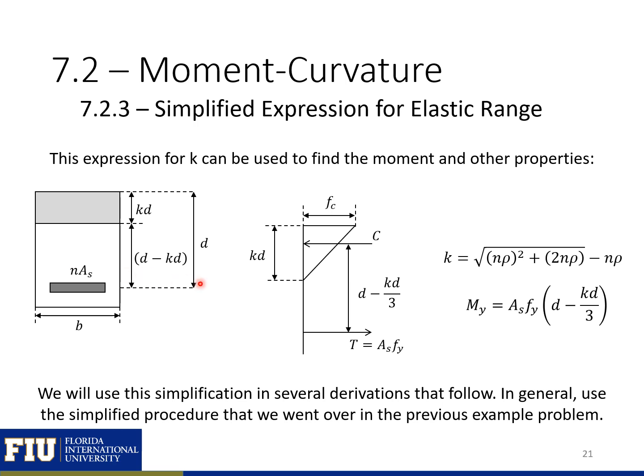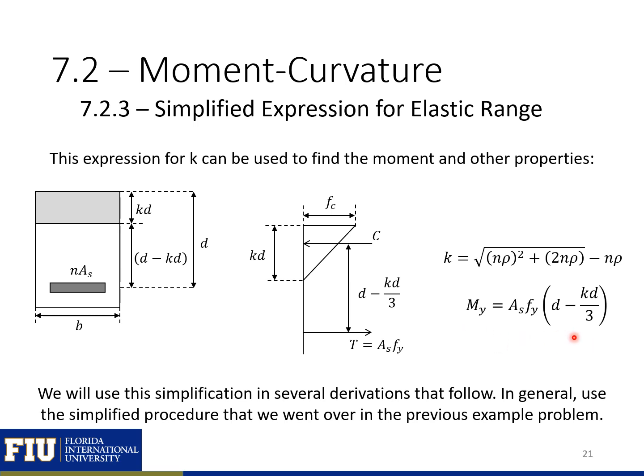So essentially, we'll set up our stress distribution, knowing that we're in the linear elastic range. We'll have a linear stress in our concrete. So we can find the centroid of this triangular section is just kd over 3 from the top. So the centroid of our triangle is 1/3 from the top here, and use that to find our yield moment.